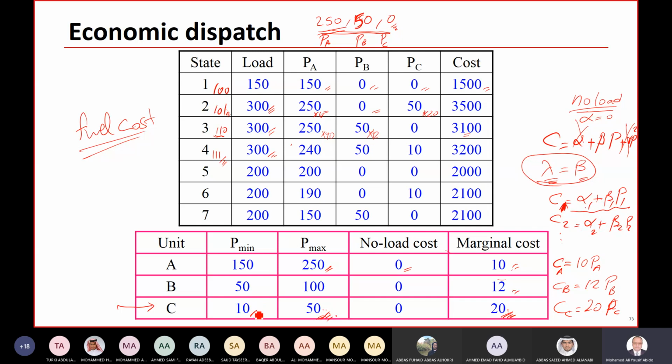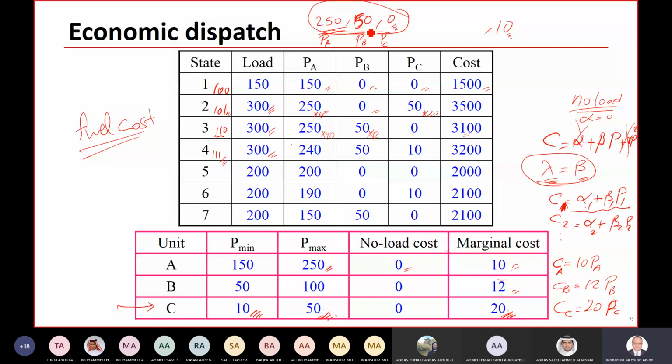No, the minimum power should be 10. The minimum power should be 10. So you will again adjust this to be 10. But this 10 generated here will be extracted from where? From machine number B or machine number A? Machine number A. Why? Because B is at the minimum.